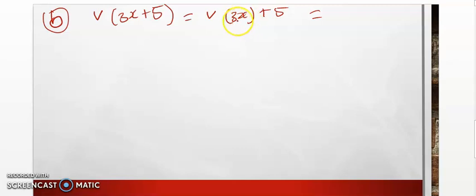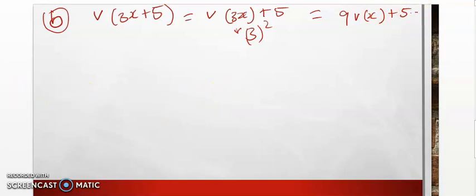Our x is 3 as it is given here. So our value for x is 3, but we know that x is squared in the original function, so it is simply 3 squared. So this will give us 9v of x plus 5. So let's keep this.